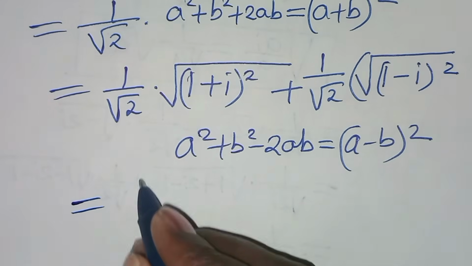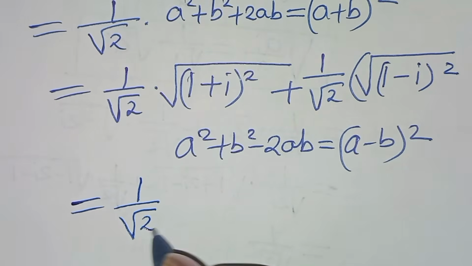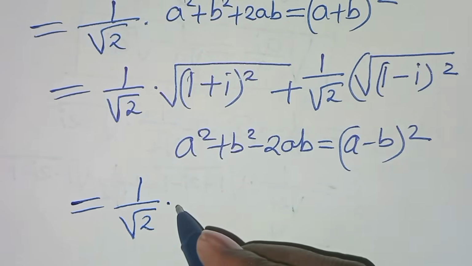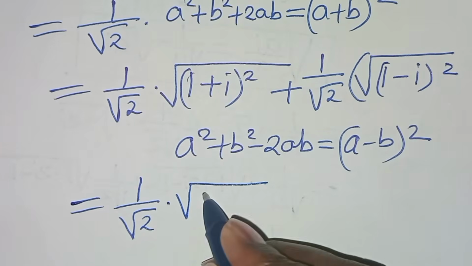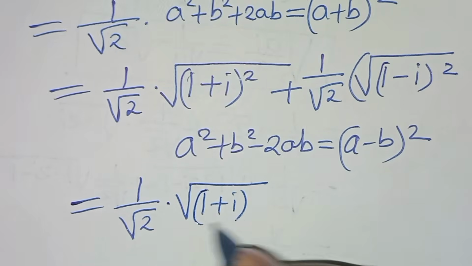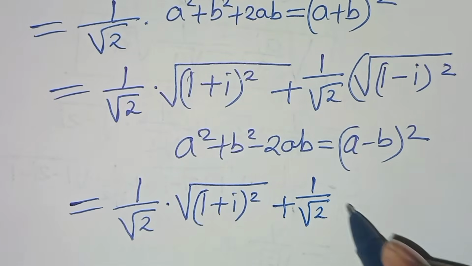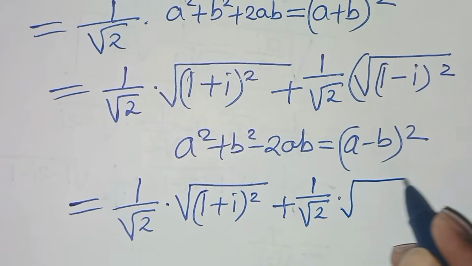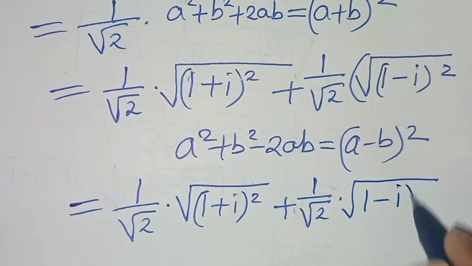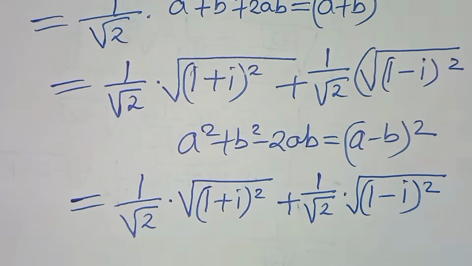So now here we have 1 over the square root of 2 multiplied by, now this is the square root of 1 plus i squared, plus 1 over the square root of 2 multiplied by the square root of 1 minus i squared.